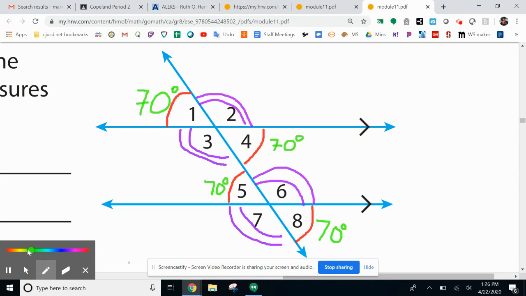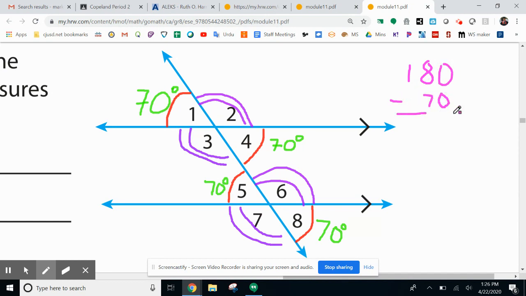And now if I go to the purple angle measurements, I can find out how much those are. And they're going to be equal to everything. So if I know that angle 1 is 70, well, then I know that angle 2 is going to be 180 minus 70.